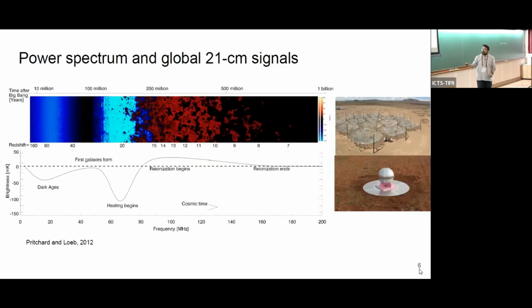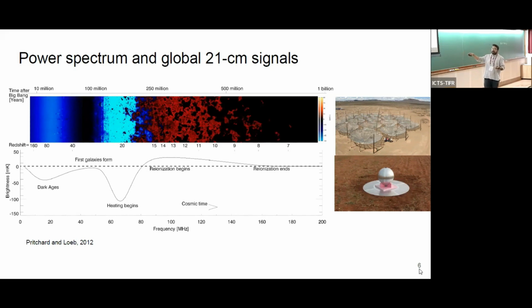If I go back to the signal, we are tracing the redshift evolution, and that corresponds to a frequency, depending on the redshift we are looking at. But at these frequencies, we do have a lot of local emission from our own galaxy and other galaxies, predominantly synchrotron. And that is exceptionally bright compared to the amplitude of the signal that you're looking at here.